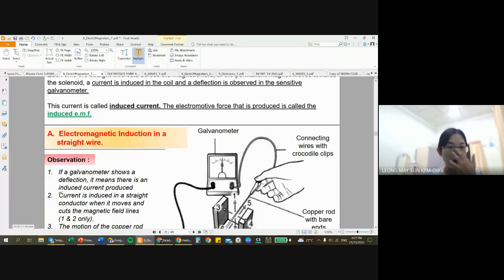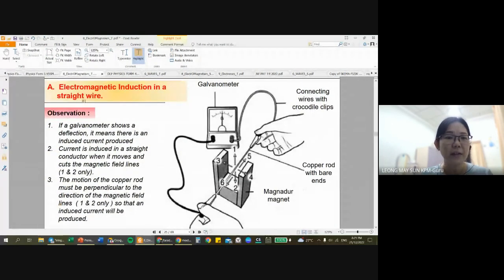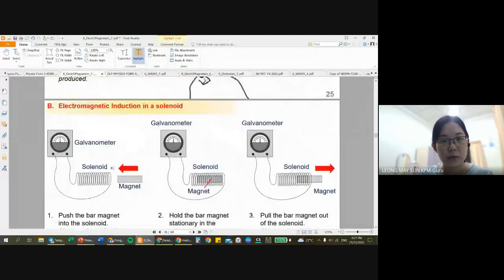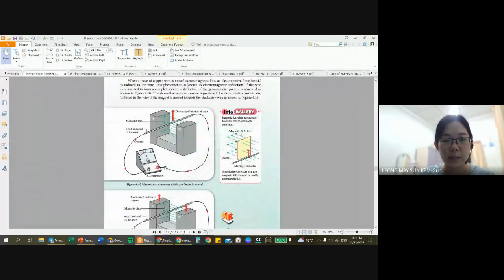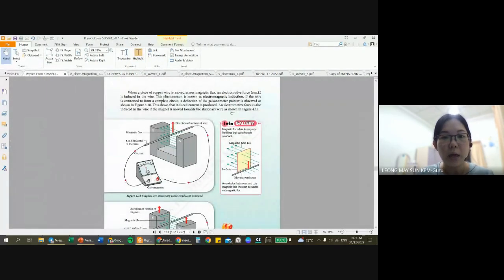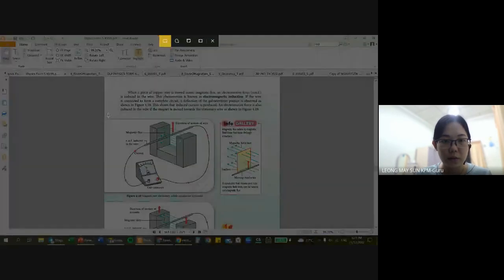First thing first is electromagnetic induction in a straight wire. I need to go back to your textbook. I'm going to use this picture.